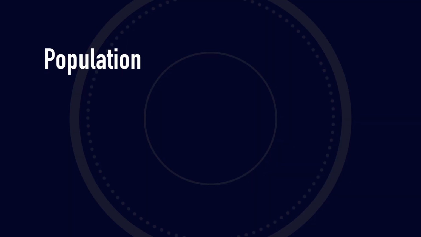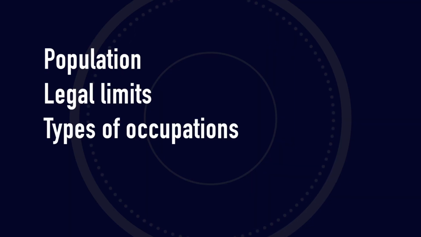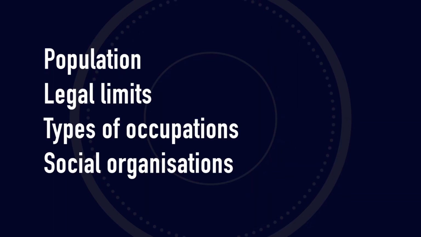However, MacIver mentioned there is no sharp demarcation to tell where the city ends and country begins. Every village possesses some elements of the city, while every city carries some features of the village. Different criteria are used to decide a community as urban. Some of them are population, legal limits, types of occupations, and social organization.